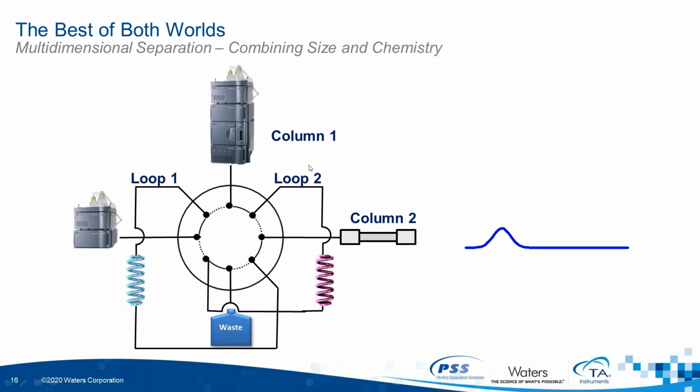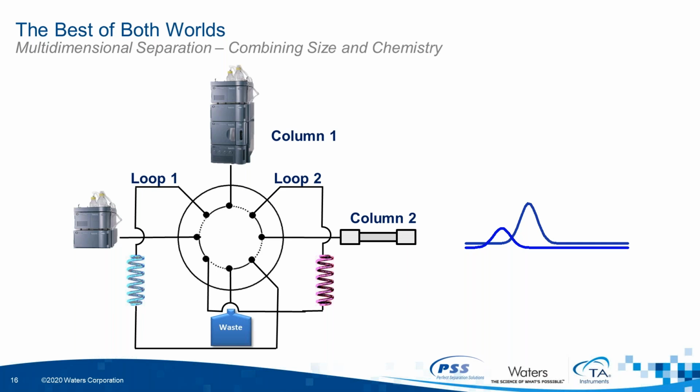Meanwhile, loop number 2, the red one here, is filled again with effluent from the first dimension. Again, once loop number 2 is filled, we will switch back so that now the isocratic pump is connected to loop number 2 again and is injecting the content of this loop onto the column of the second dimension. And again, this will result in a GPC trace.